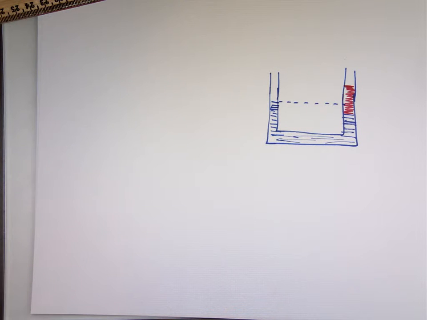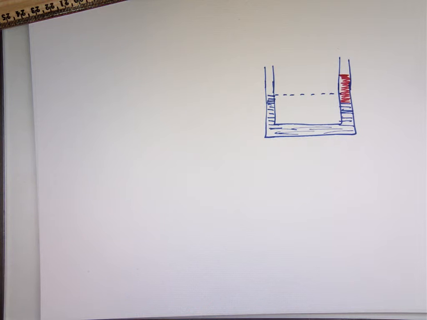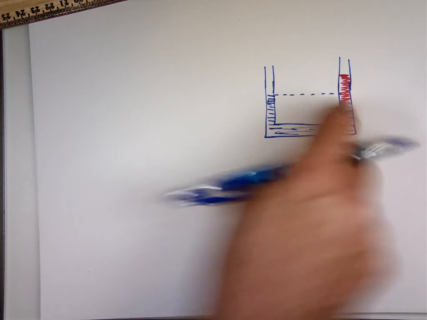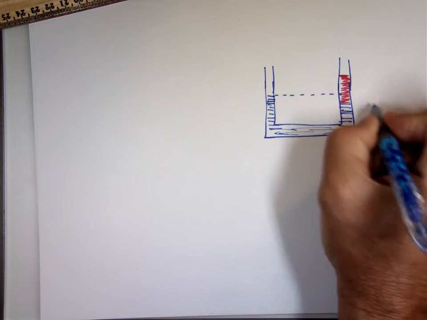So the example here, we have a U-shaped tube filled mostly with water. A small amount of vegetable oil, that's the red one, was added to one side. The density of water, rho for water, is 1,000.